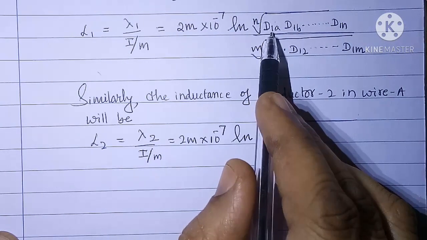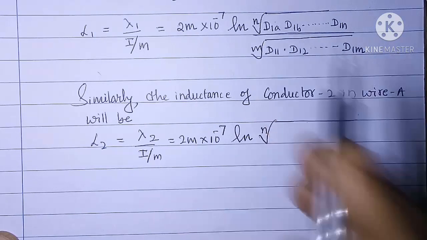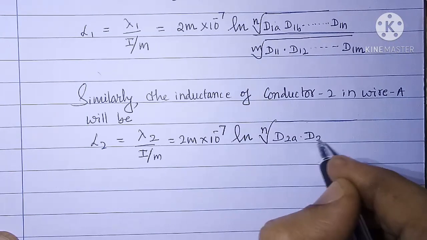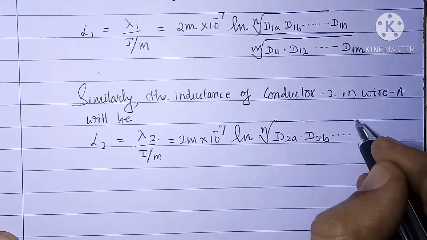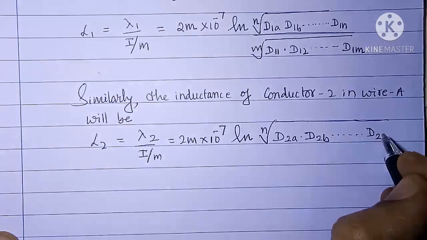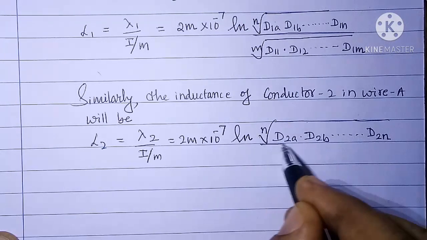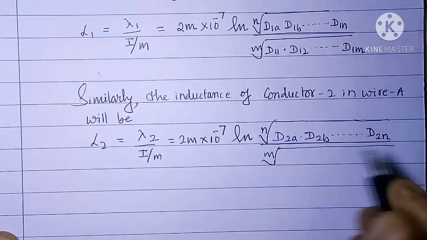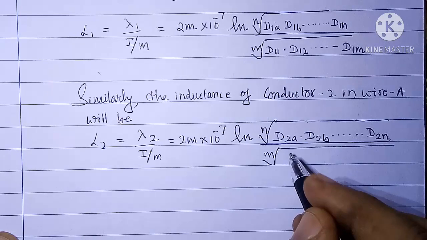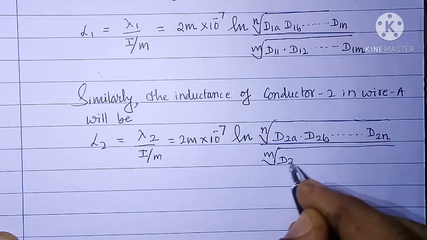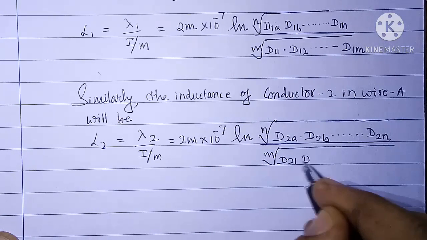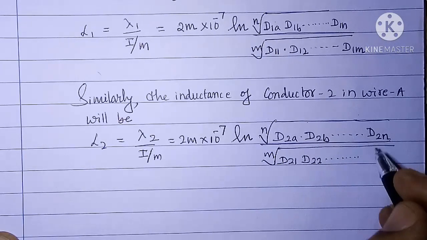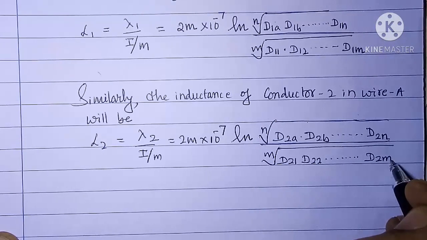Here you just replace 1 by 2, that is d2a into d2b into and so on up to d2n, divided by mth root of d21 into d22 into d23 and so on up to d2m.